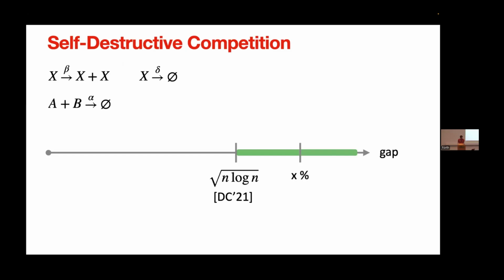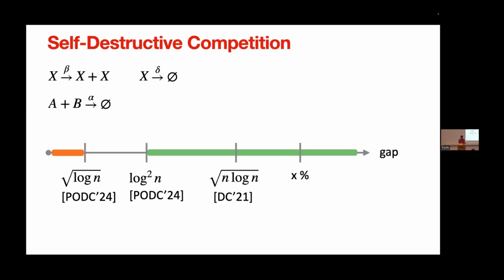And there's a separation between these two models. In the old model, where A and B directly die, both at the same time, we could prove the square root n gap with a nice analysis based on urns that was relatively easy to think about.